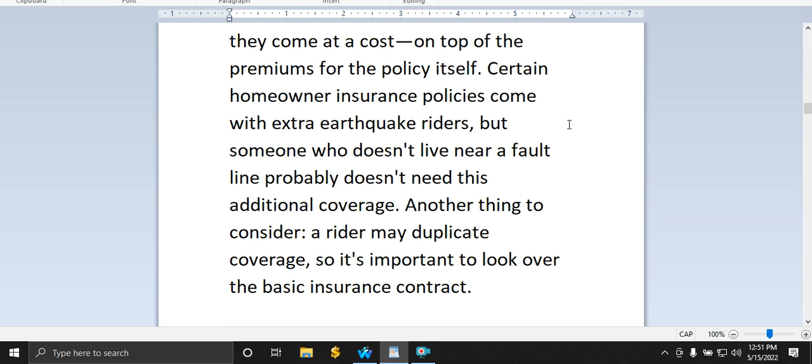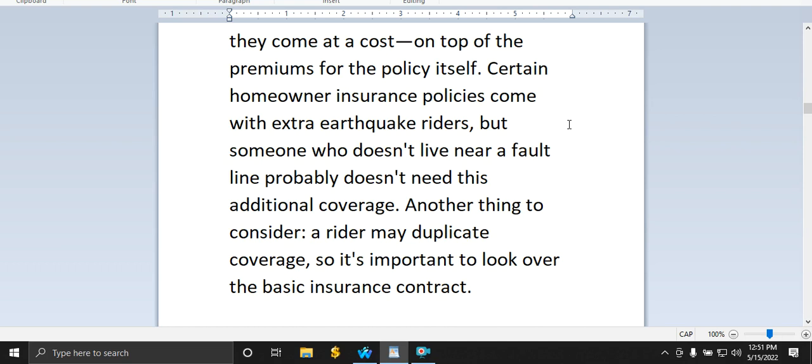Certain homeowner insurance policies could come with an extra earthquake rider, but someone who doesn't live near a fault line probably doesn't need this additional coverage.